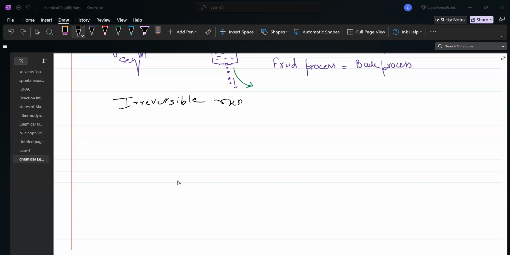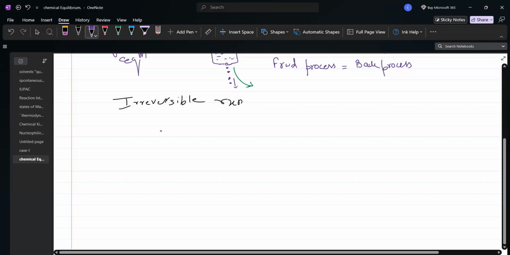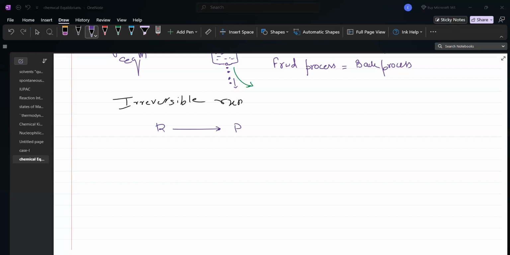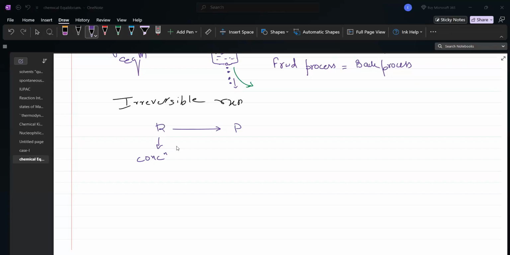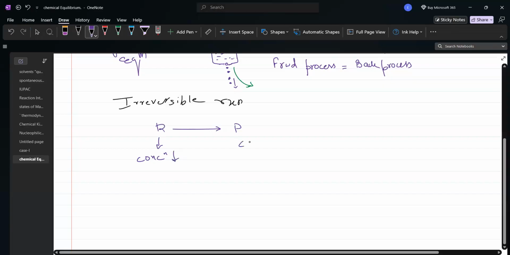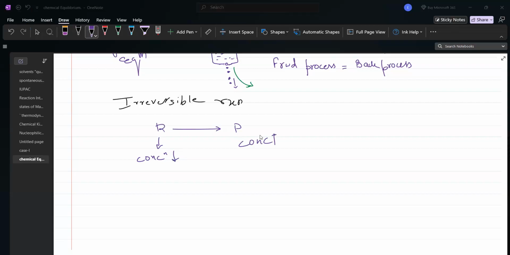In the reversible reaction, right? So the reactant will go and form a product, okay? And the reactant concentration will always decrease and product will always increase, right?